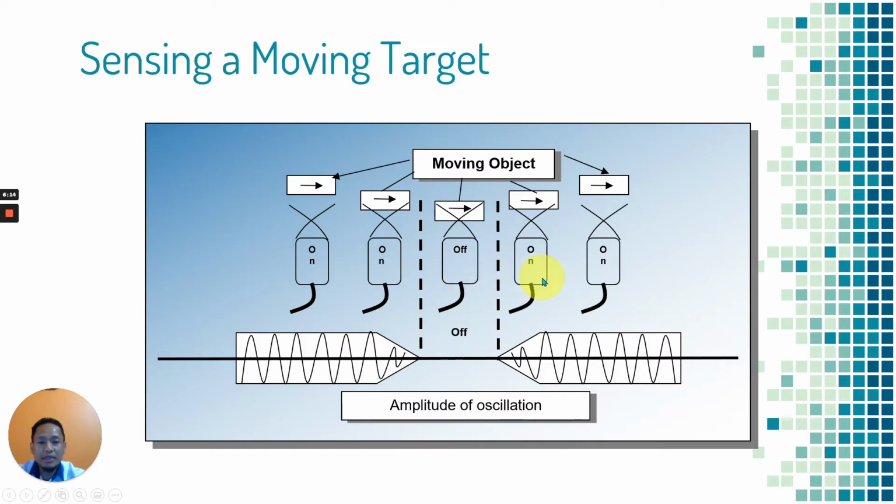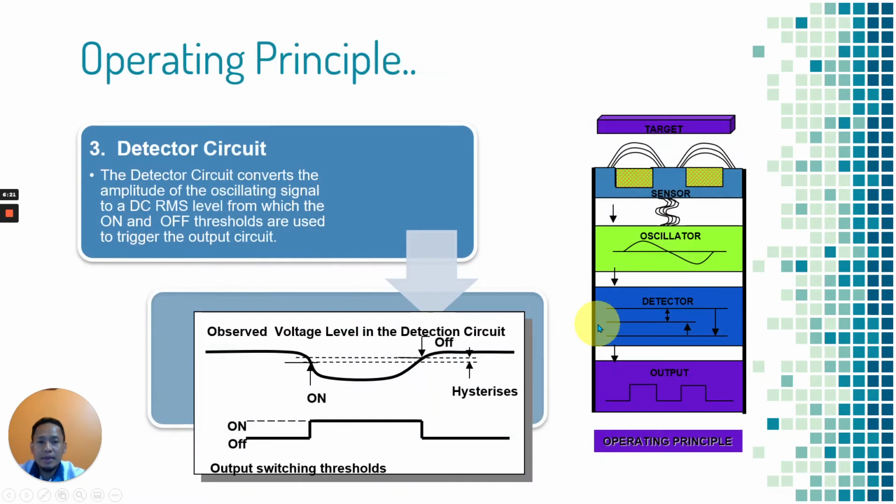On the other hand, the signal will be turned on from both left and right hand side. So in such a case, we can see a different voltage level in the detection circuit, on and off. So it can be represented in digital, on and off, like the figure below.